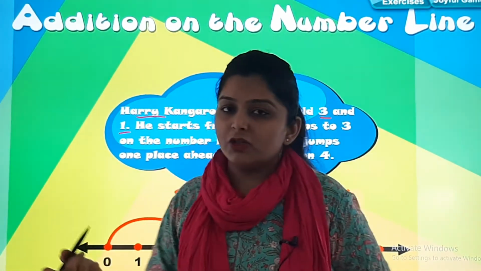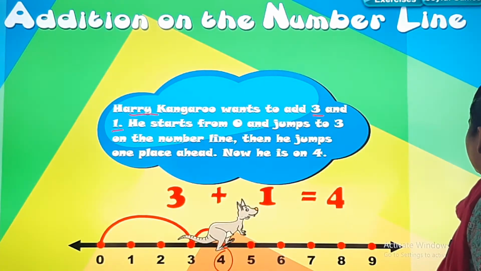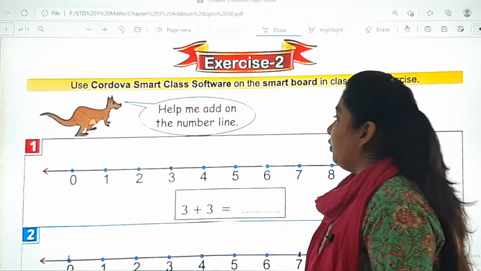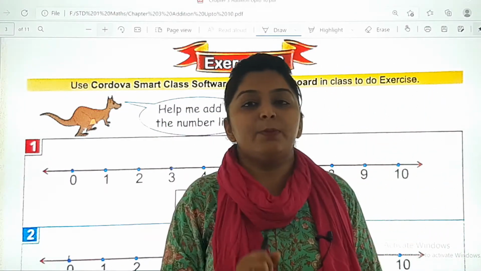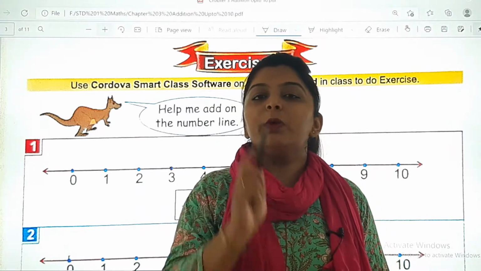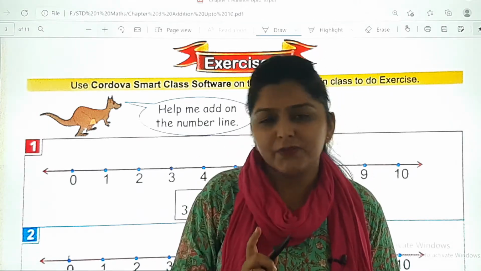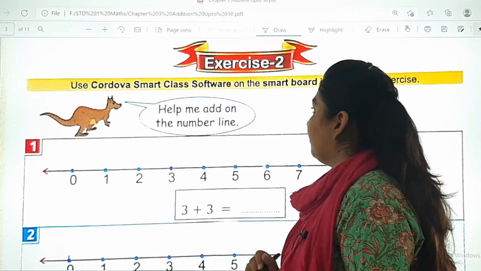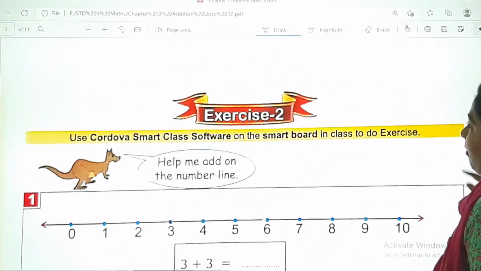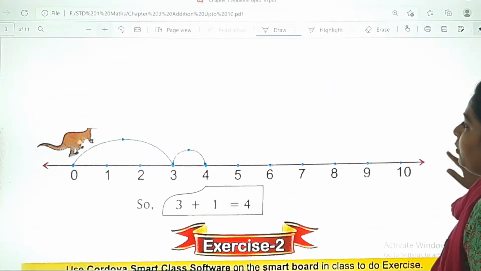Now, let us solve the exercise which is there in your textbook. You have to open your textbook and you have to take out your pencils as well. You will do it along with me. Come on, fast, fast. Open your textbook. Which page number? This is your exercise number 2.